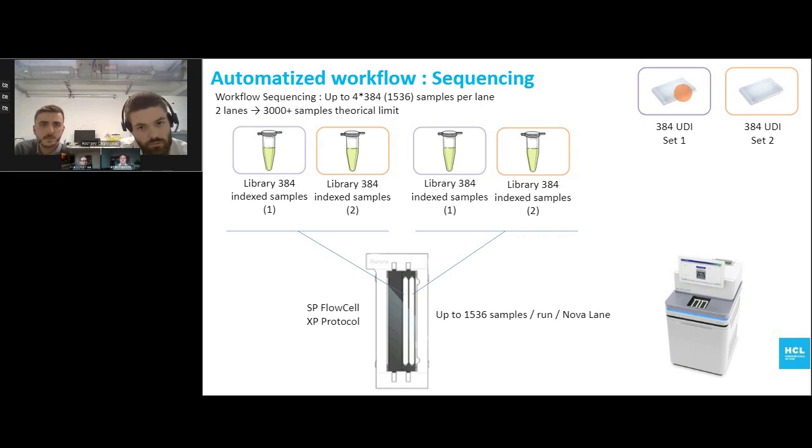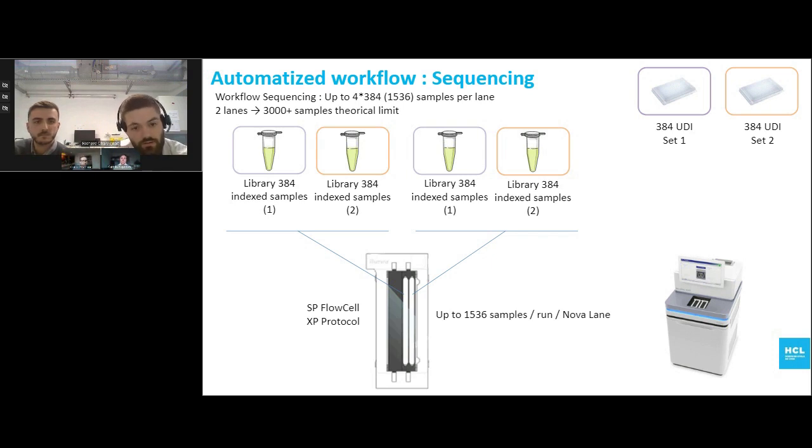What we could do really easily is just order new ones, like set 1, 2, maybe set 3 and 4, and we could multiplex even more libraries in one flow cell. If that flow cell, the SP flow cell, becomes insufficient, we can order the bigger ones from Illumina, like S2, S1, or even S4, sky is the limit.